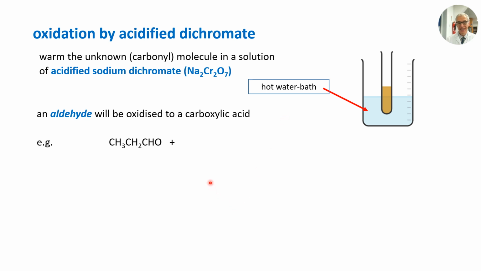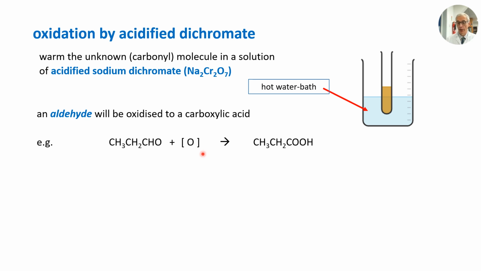Could you complete the equation for the oxidation of propanal to propanoic acid? Pause, come back to check. Okay, so we write propanoic acid out, and then we realize we need to balance with an oxygen, which we indicate comes from an oxidizing agent by placing it inside a squarish bracket.